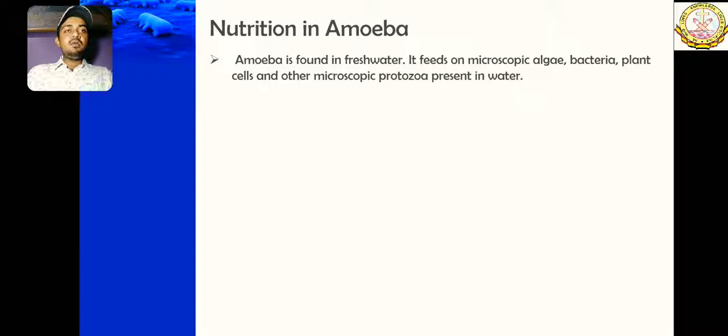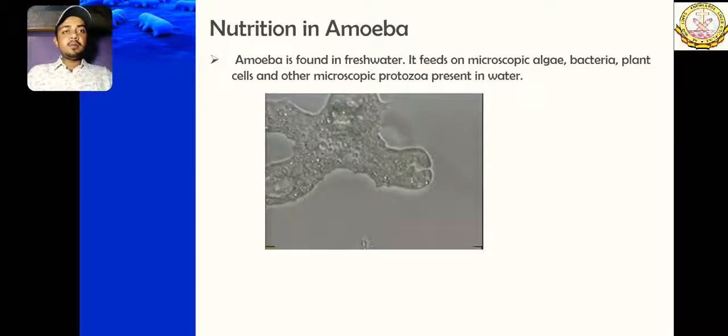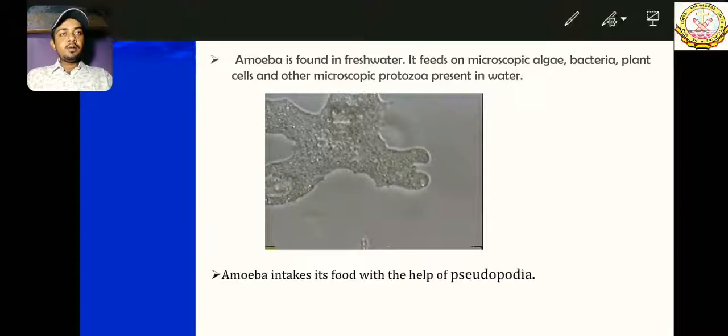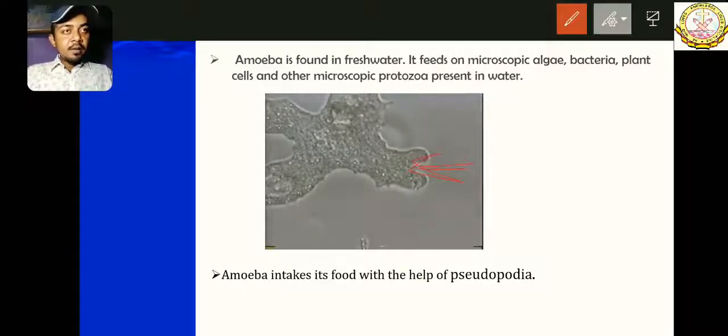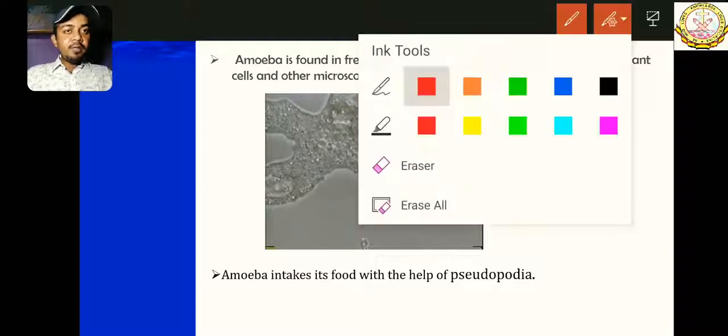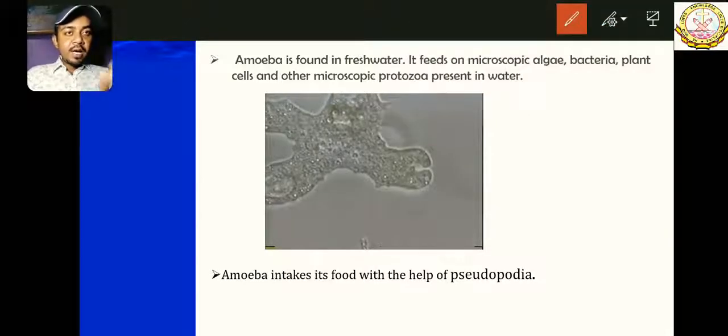Okay, now see how it happens. As you can see here in this image, a small grain type of thing is there. That is the food which this amoeba is trying to engulf.